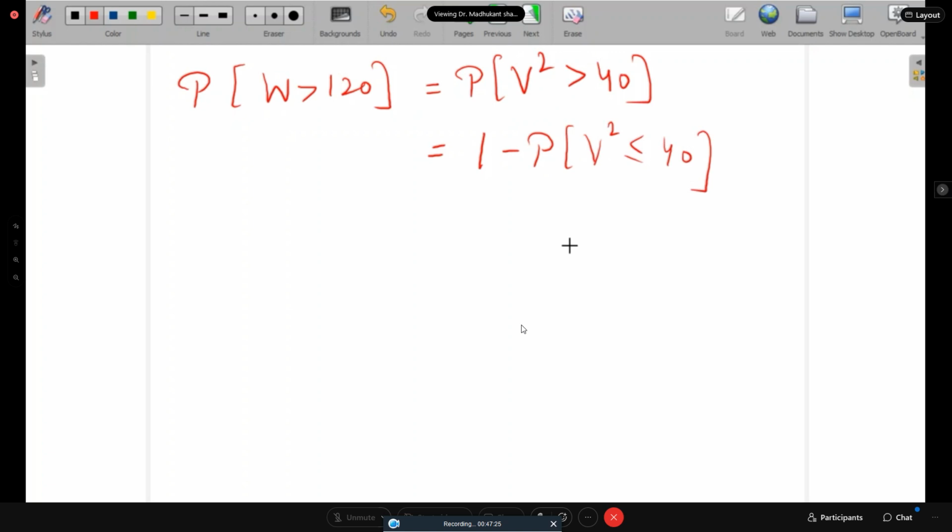So this is 1 minus the probability that V square is less than or equal to 40, which means V lies between minus root 40 and plus root 40, right?